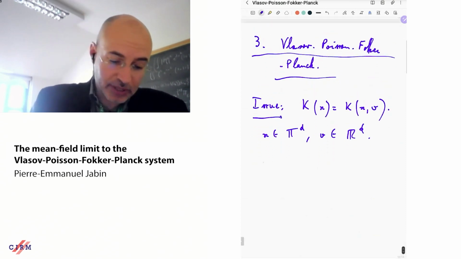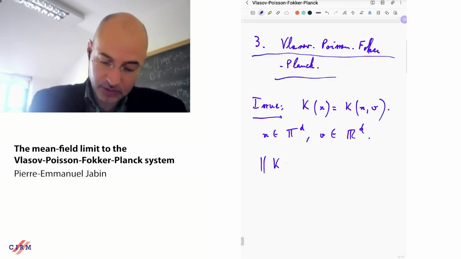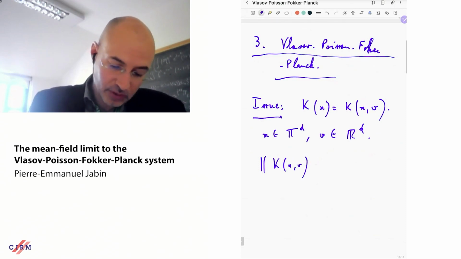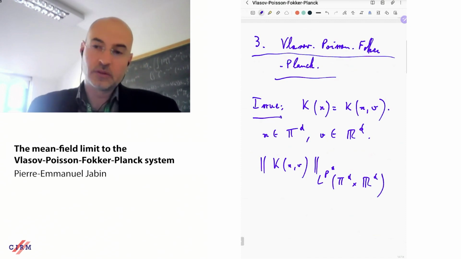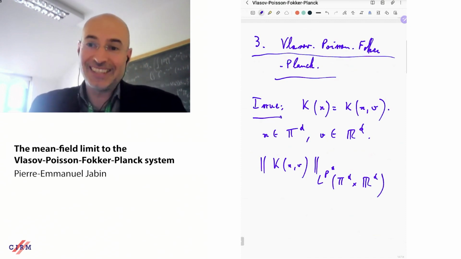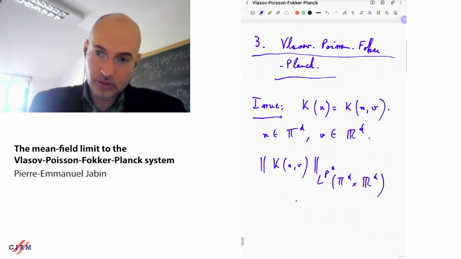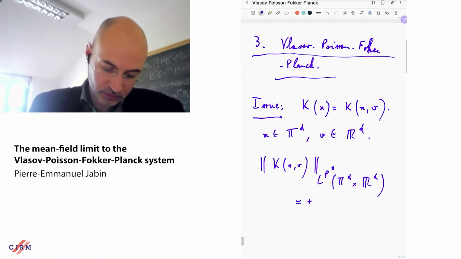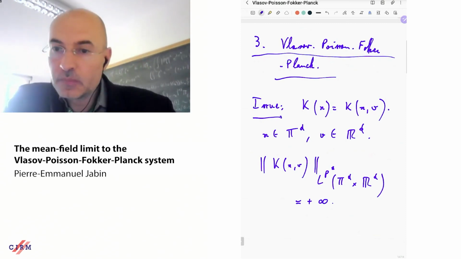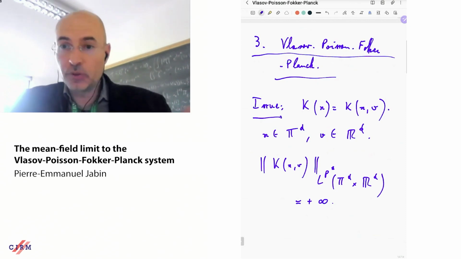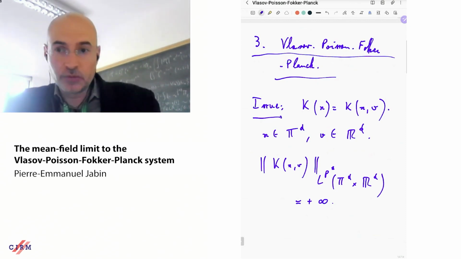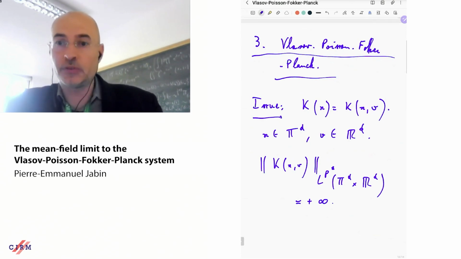And if I am in a case like that, k of x, v in LP star of the torus times R^d, this is automatically, necessarily plus infinity. And so if I'm trying to just follow the previous proof, what I have is a plus infinity somewhere in an inequality and then everything.